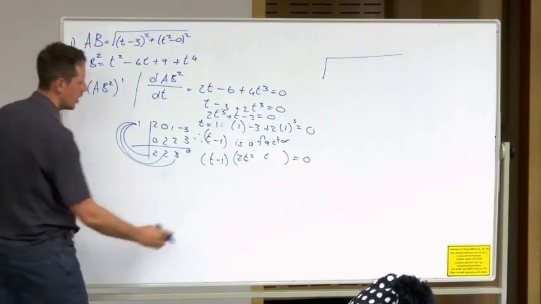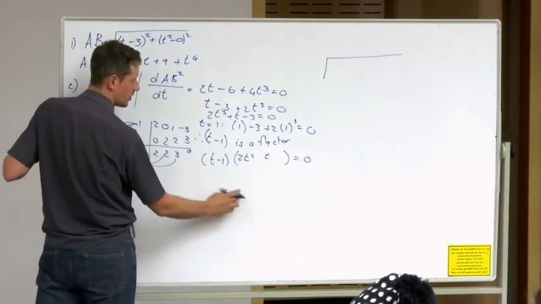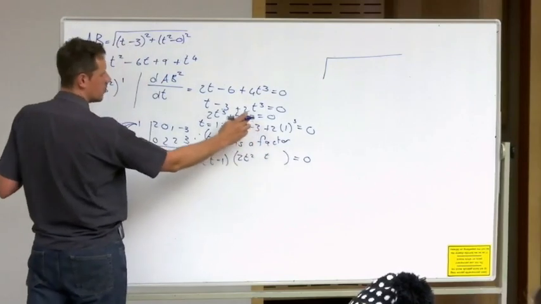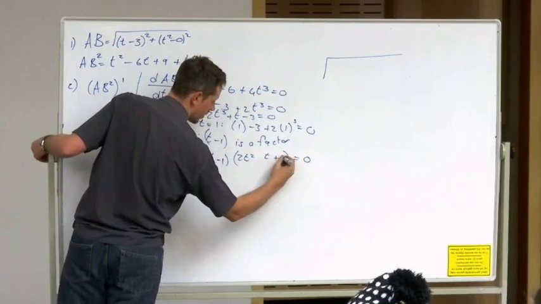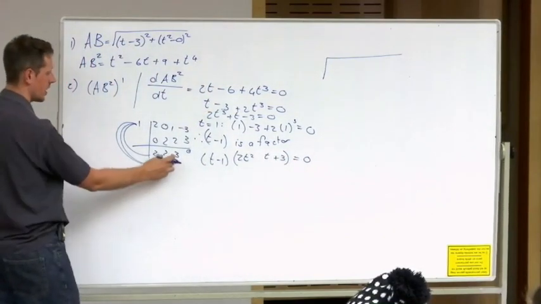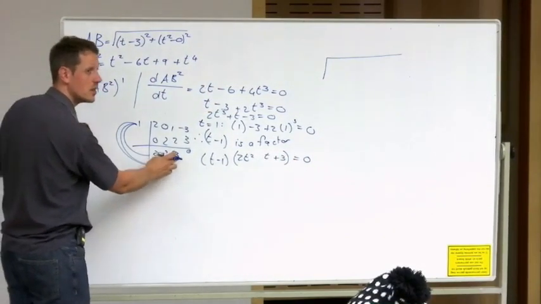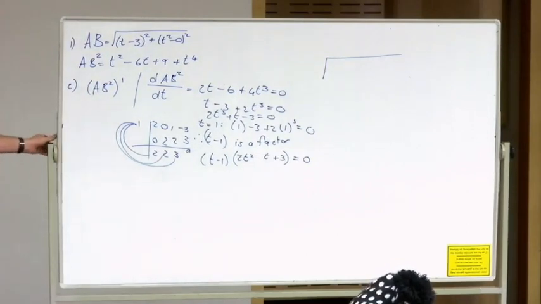Okay? Negative 1 times something must give me negative 3, so this has to be positive 3, which I get from here in any case. Okay? It all works on the same basic principles.